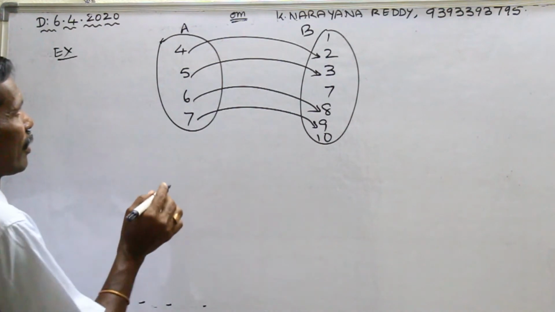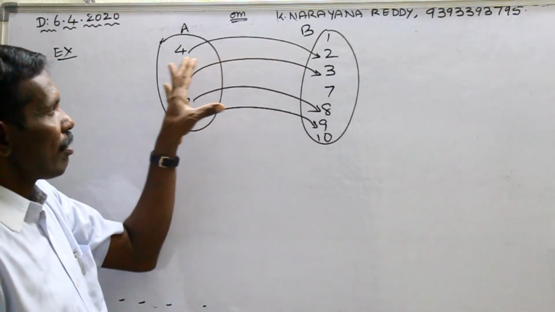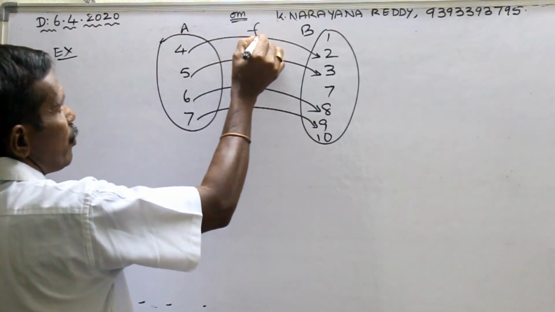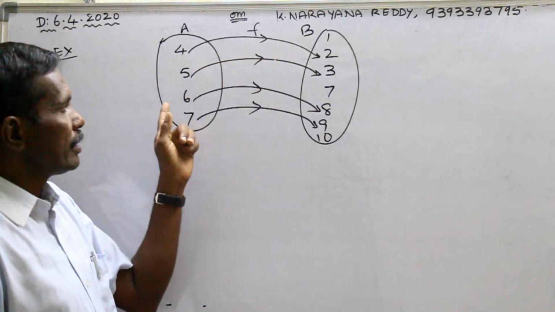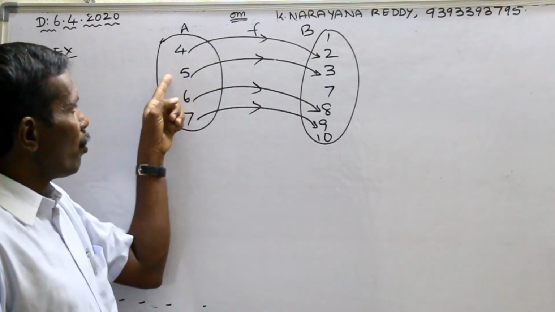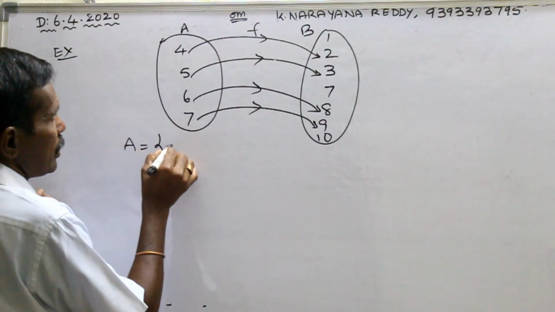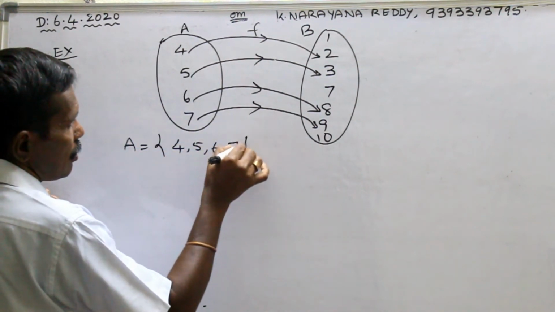See here. This is set A, this is set B. F goes from A to B. Set A contains the values 4, 5, 6, 7.